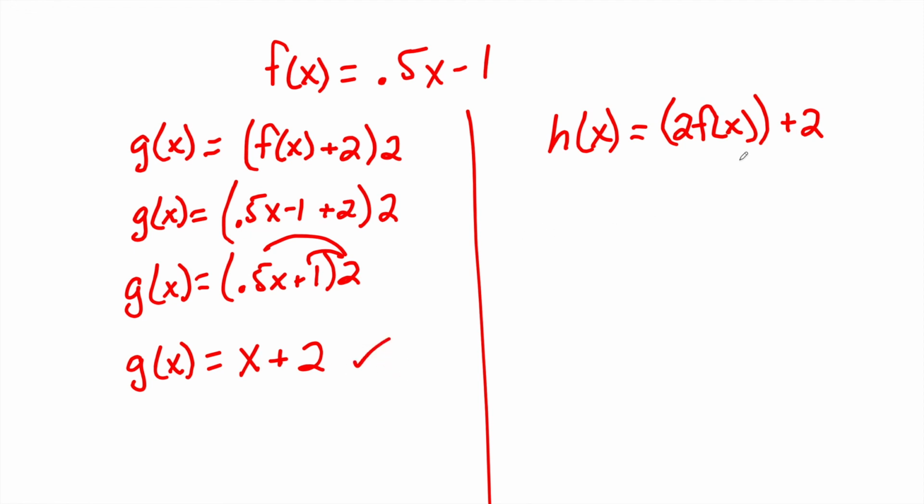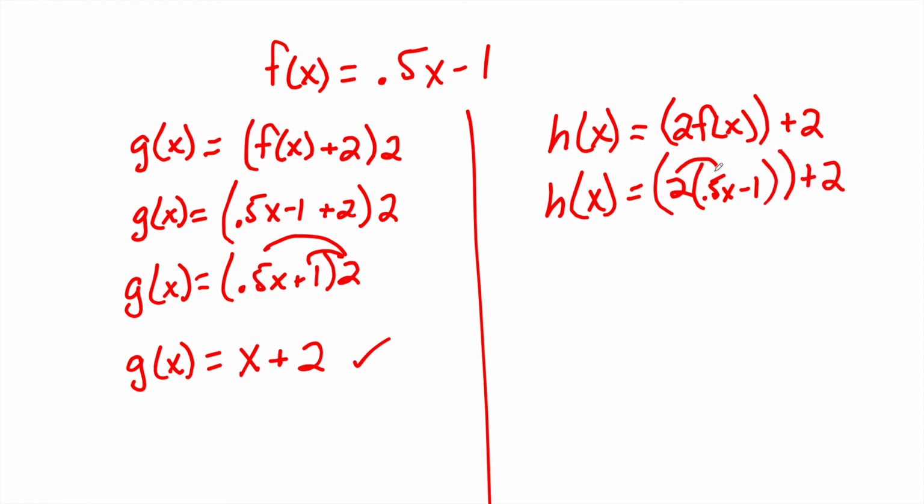Next, the h of x, we're going to make sure we multiply everything as part of the function first by the 2. So we have h of x is going to equal a 2 inside its own parentheses times the 0.5x minus 1. And then we're going to add 2 to that answer.